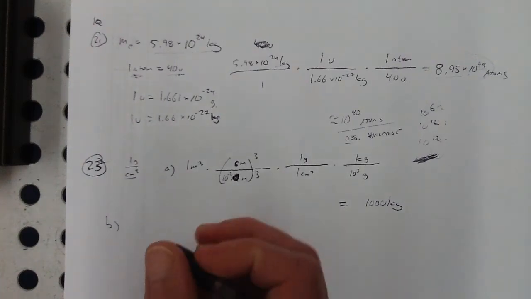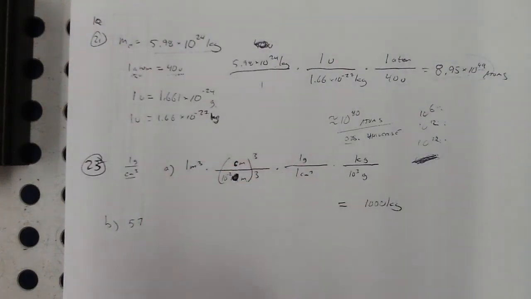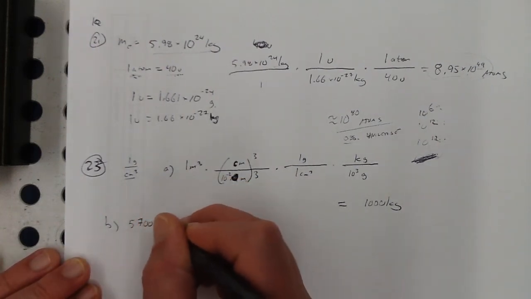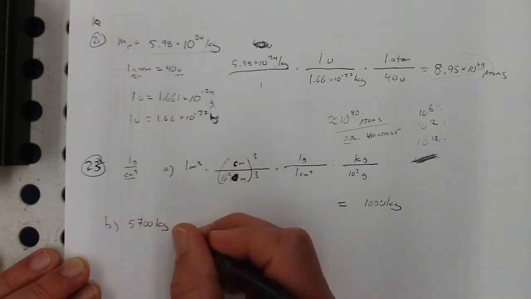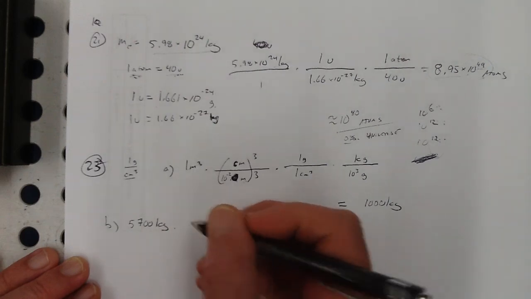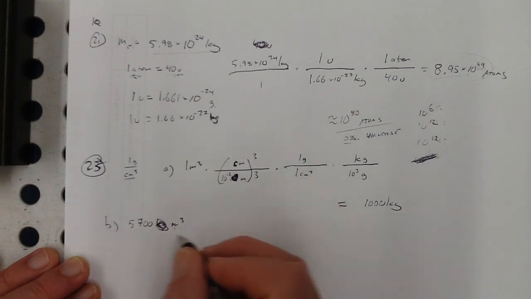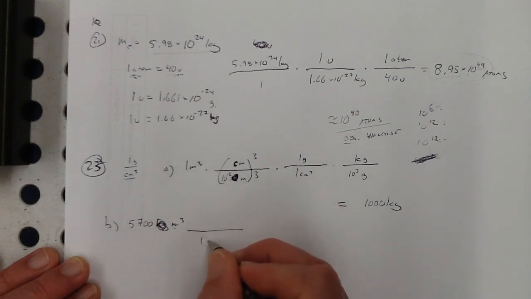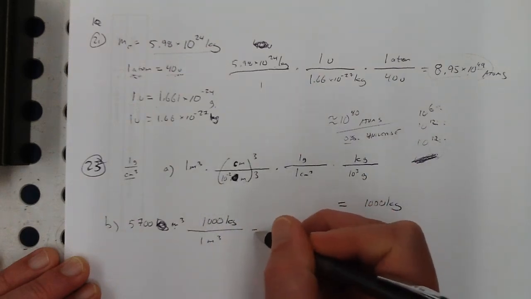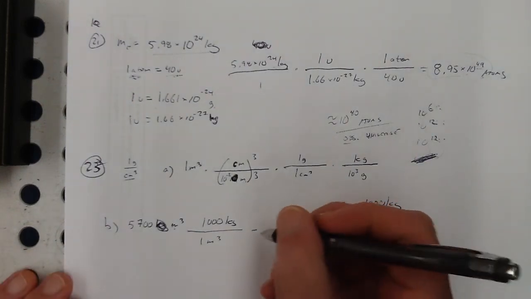Well, let's first convert 5,700, oh, wait, hold on a second. They said cubic meters, not kilograms. So let's convert that to kilograms. 1 cubic meter of water is 1,000 kilograms. And they want kilograms per second, so kilograms is good.